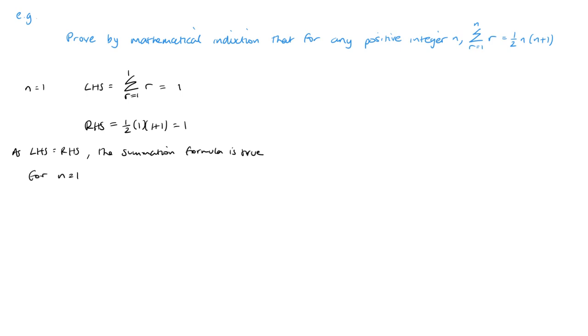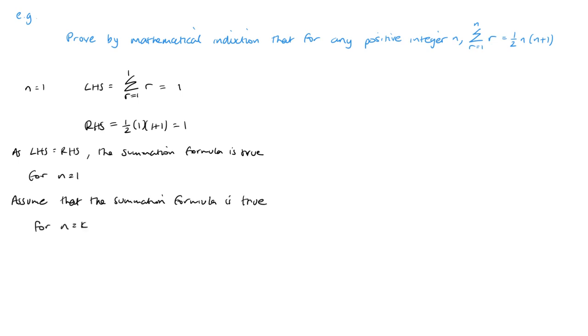Now the second step, the assumption step, is that we assume it's true for n equals k. So assume that the summation formula is true for n equals k.